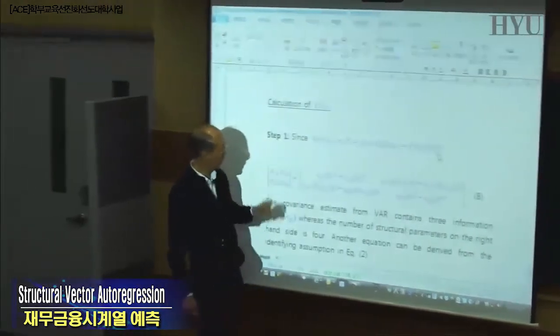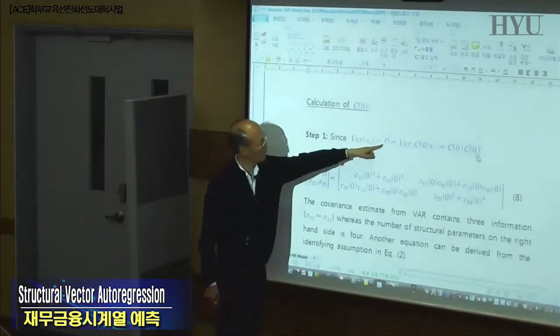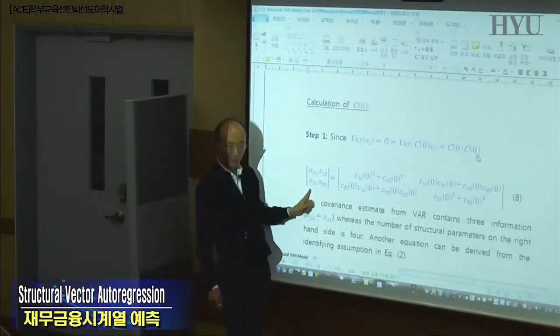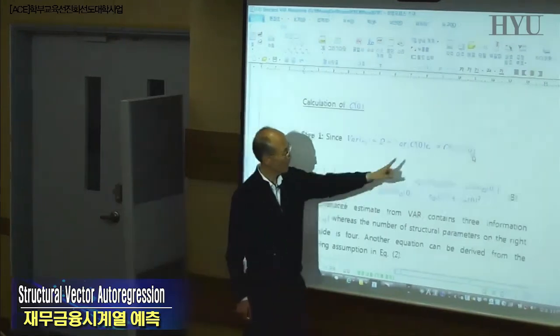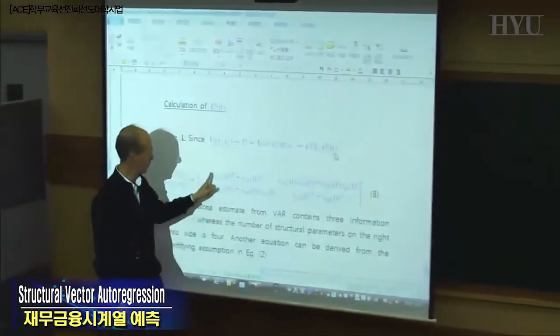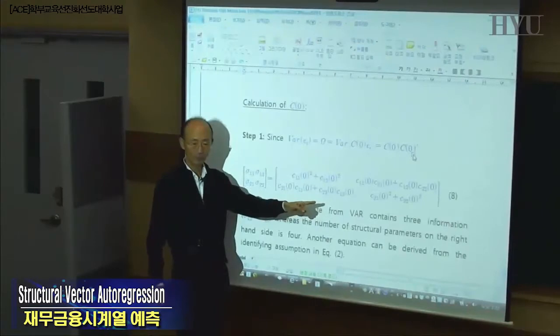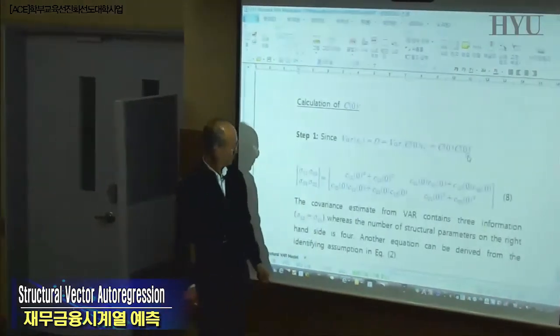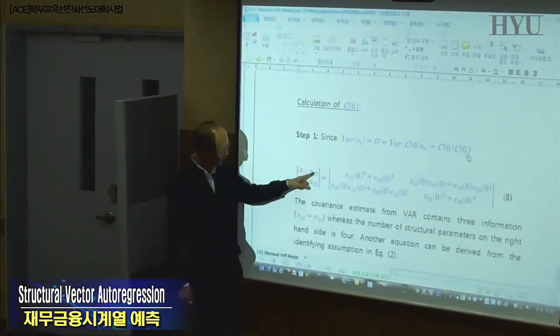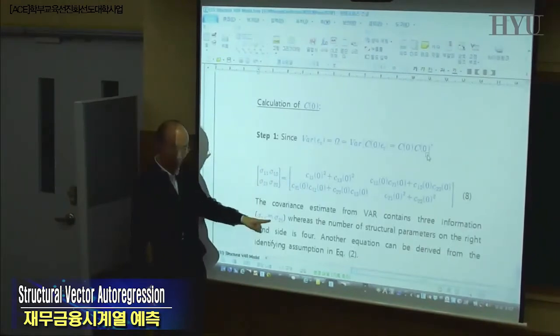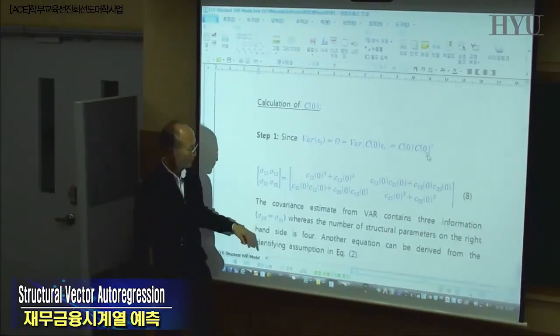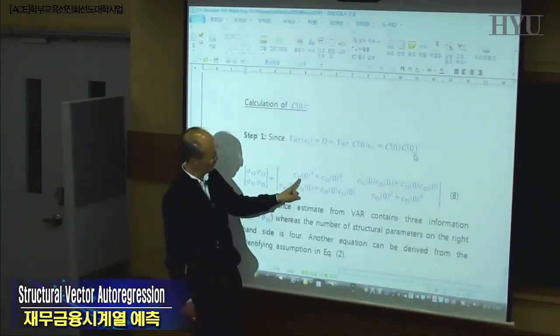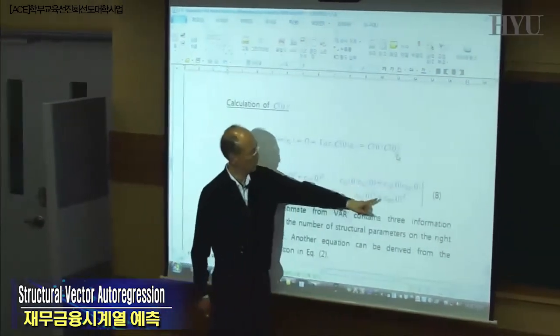So see the dimension? This covariance matrix looks like this. Right? How does this one look? Well, this way. Okay. But these two are the same. There are 4 unknowns: C11, C12, C21, C22.